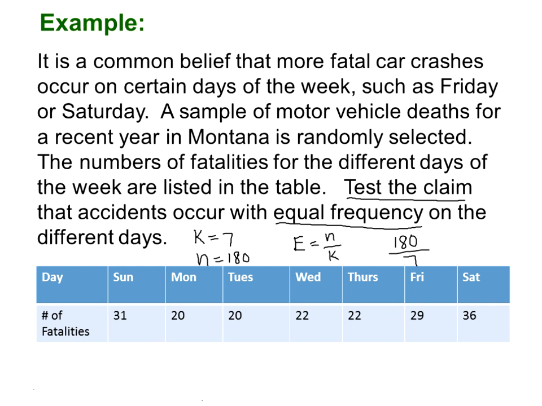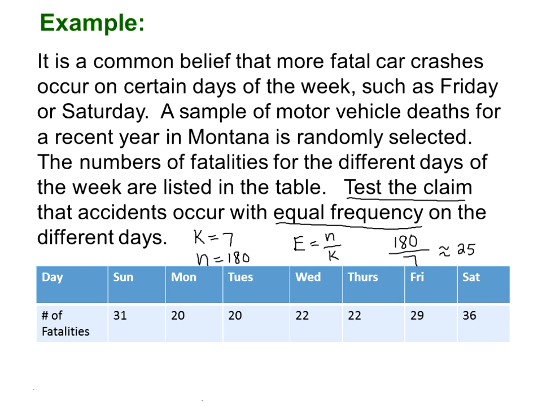So if you take 180 divided by 7, that would give you the number of fatalities that we would expect if the accidents occur with equal frequencies on the different days. So did you get about 26? Okay. We could save this on the calculator. Yes, it does round to about 26.